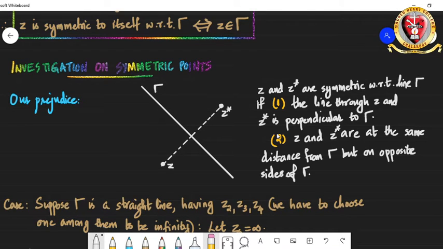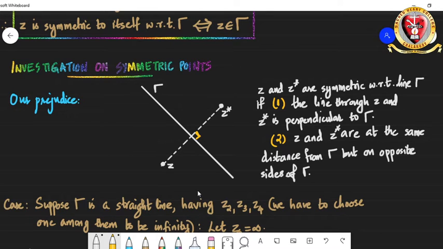Our expectation is that the line through Z and Z star will be perpendicular to the line gamma, that means this will be 90 degrees. And also that Z and Z star are at the same distance from gamma but on opposite sides of the mirror. So this is generally the concept that comes into our mind when we hear the word symmetry.